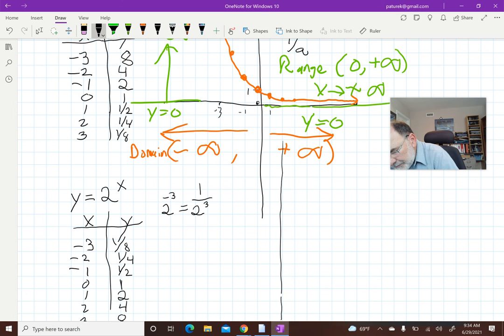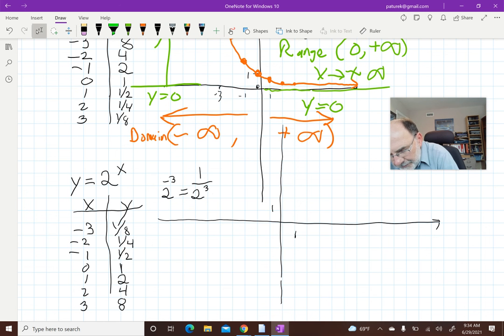And stick it around here, I guess. Same scale, 1 unit on each axis. And at -3, I'm at 1/8. So -1, 2, 3 is here, 1/8 is there, and it's a positive number. Oh, let me change the colors of my dots. We'll make it this color.